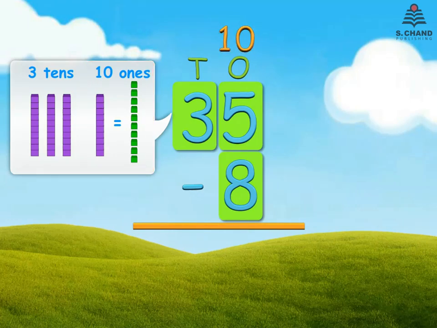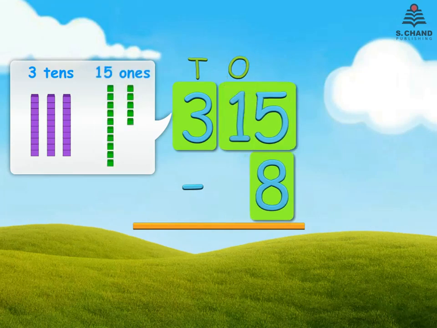In the ones column, we now have 10 ones plus 5 ones, which equals 15 ones. 45, or 4 tens and 5 ones, is now regrouped into 3 tens and 15 ones.